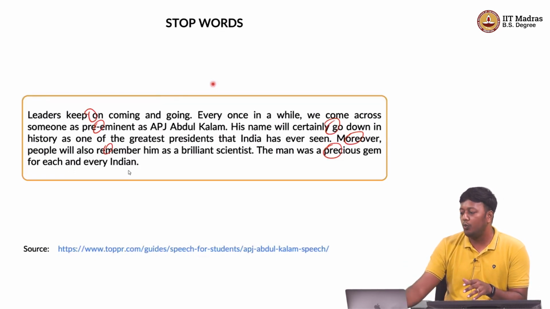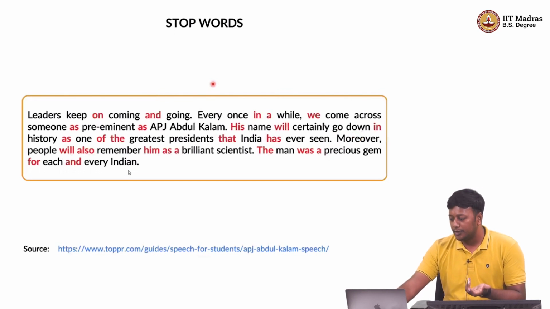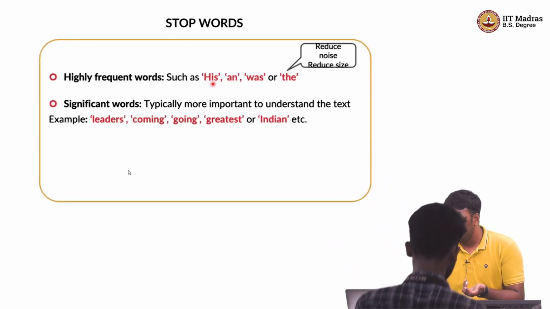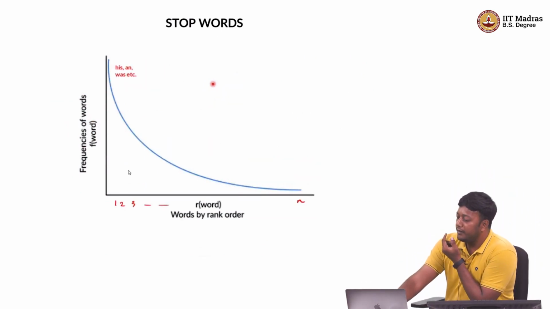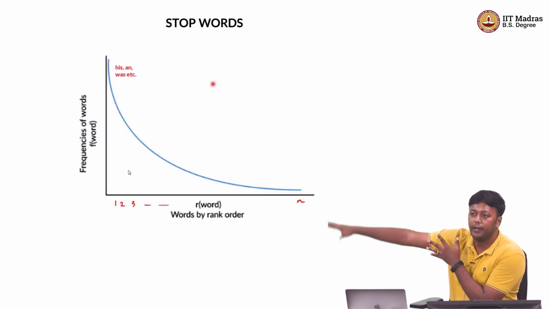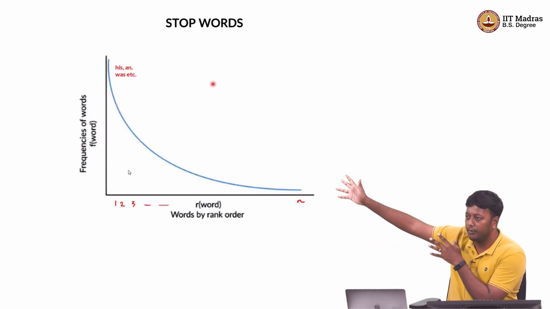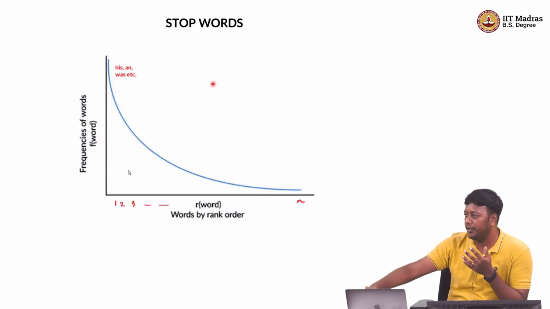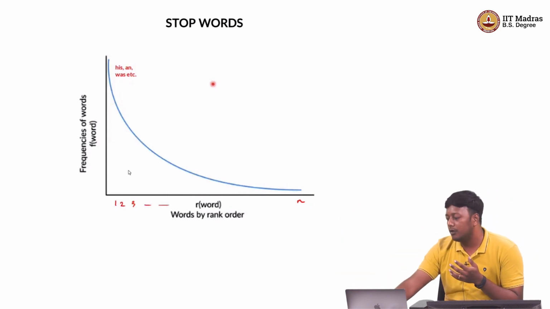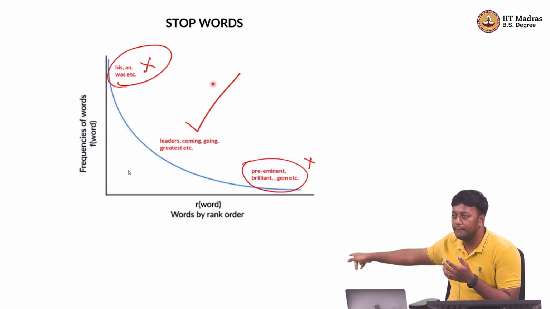So how will you actually find that? That's actually pretty simple. I'll show you one graph, right? You can get rid of the most frequent words of the corpus, because they are out there everywhere. You are not going to learn anything new from them. And then you can also get rid of the bottom, right?